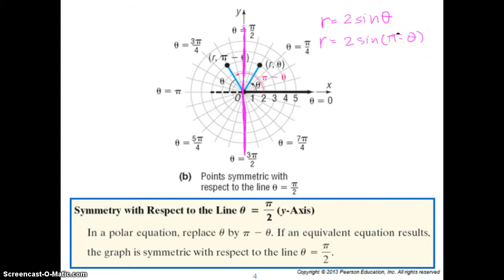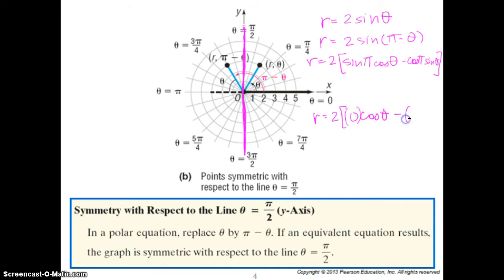And in doing that, we're going to have to use our addition and subtraction formulas from chapter 7. So we're going to say r equals 2, and that's going to be sine pi cosine theta minus cosine pi sine theta. And if we simplify that, we get 2. Sine of pi is the y value at pi, which is 0. So 0 times cosine theta minus cosine of pi.